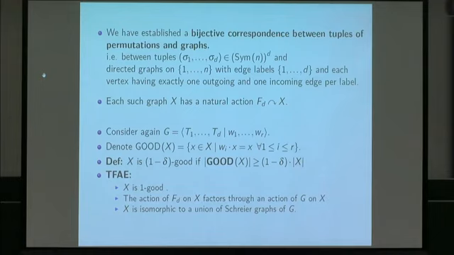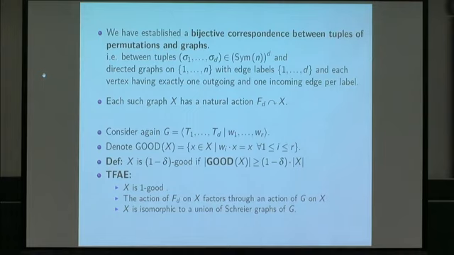And the following equivalence is elementary: X is 1 good, namely every vertex is good. From every vertex where you start and you walk the path dictated by a relation, you get a loop.